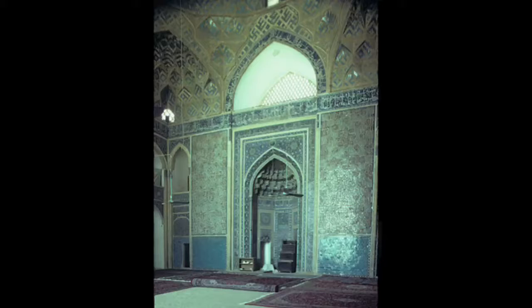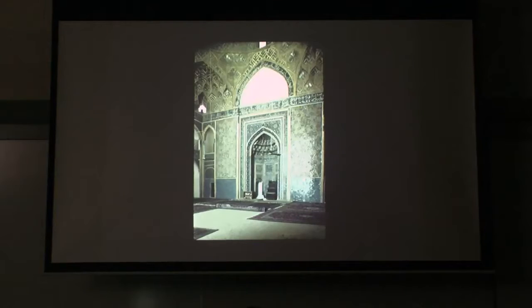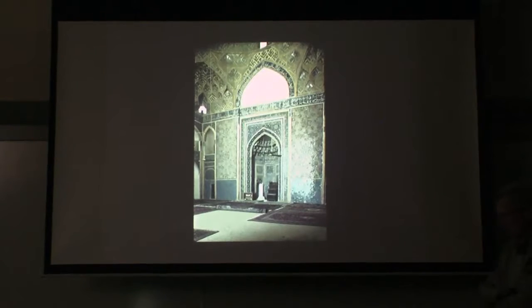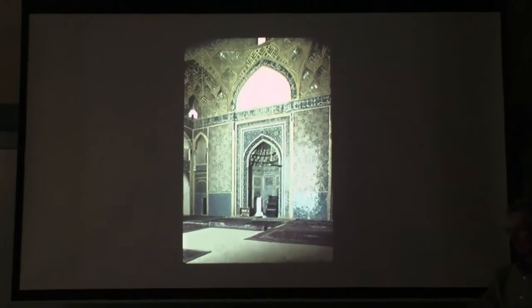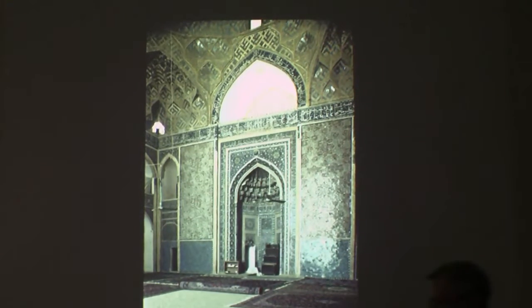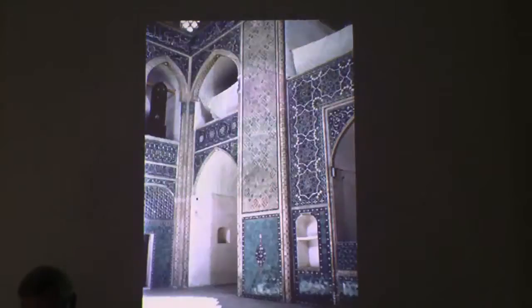Here's a view of the mihrab. Zainab, any difference here from the Qibla wall that you notice, obviously between it and Varamin? Well, okay, let me quickly go back to Varamin.